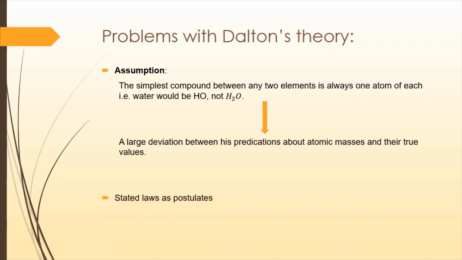The next problem was that he stated the laws as postulates. As we have seen, three of the six postulates that he stated were just the laws of chemical combination restated at the molecular level. This made scientists and chemists at that time believe that his theory was unrealistic and his atoms were imaginary.